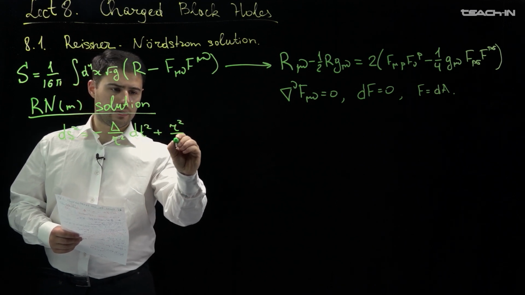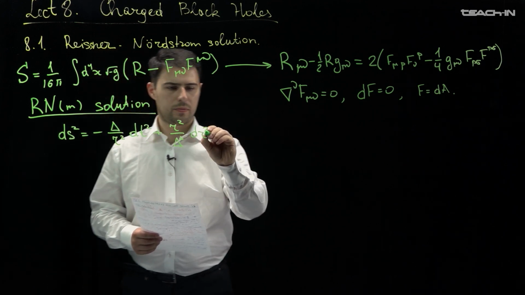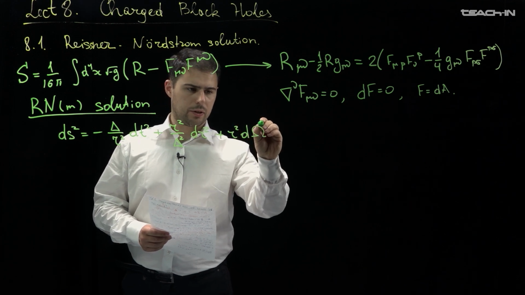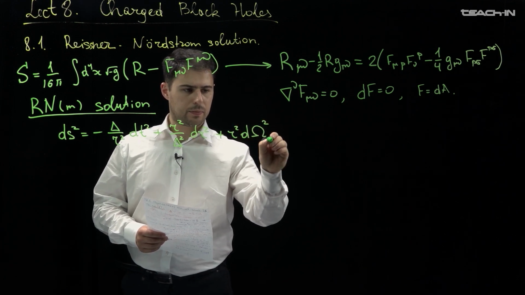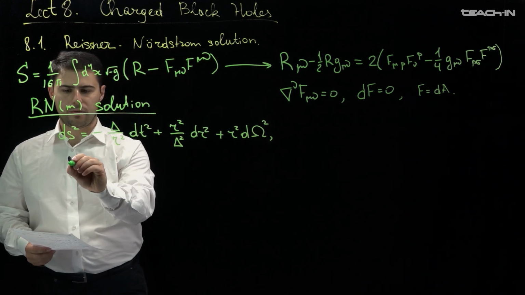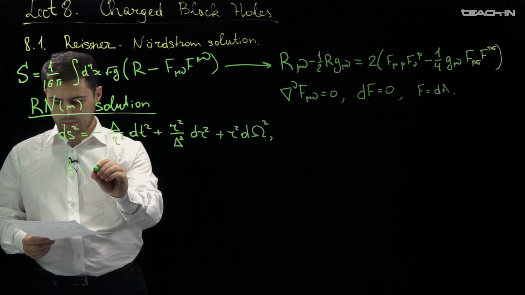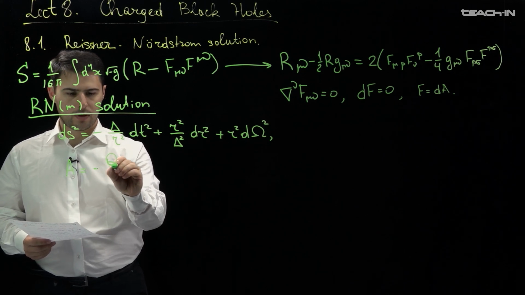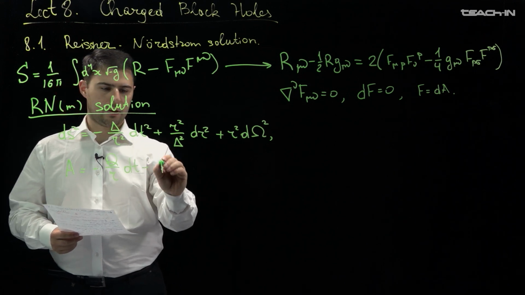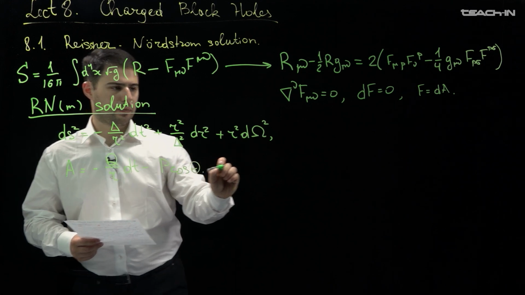The solution is manifestly spherically symmetric and static. And the gauge field is given by A equals Q over r dt minus P cosine theta.